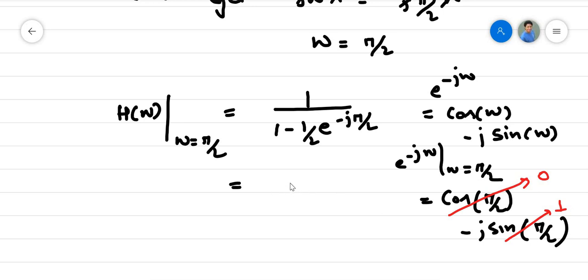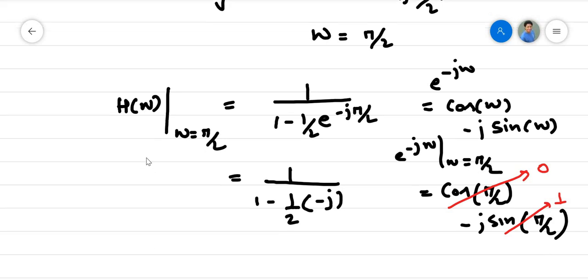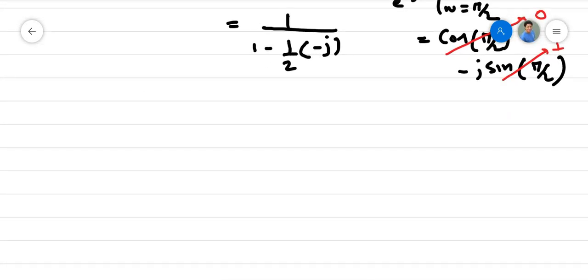So it can be written as, sorry, I'll use the black pen again. It is 1 over 1 minus 1/2 times minus j, so this equals 1 over 1 plus j/2.